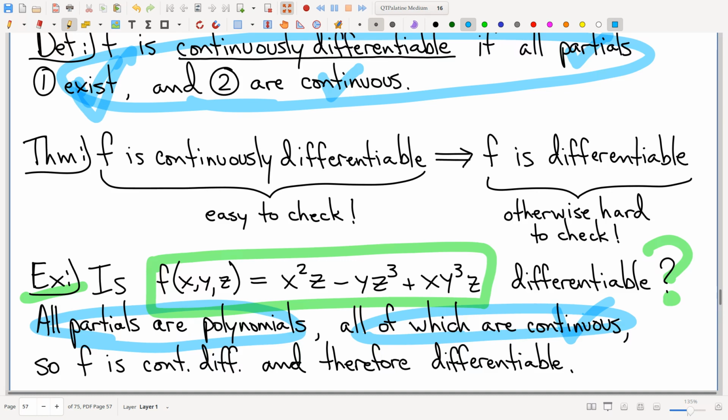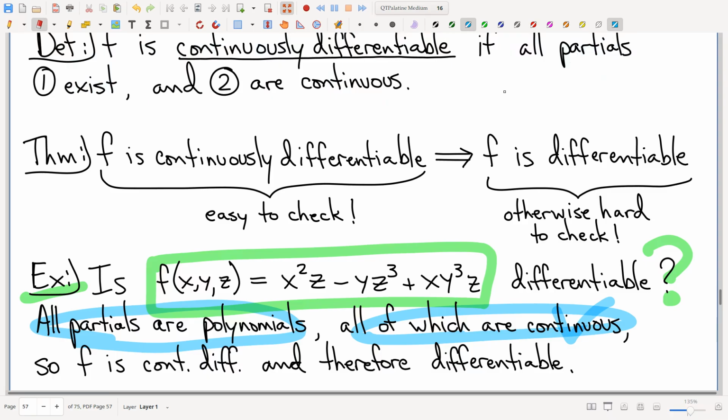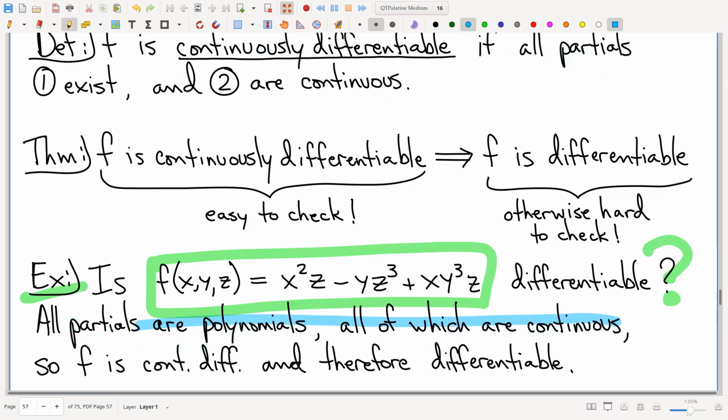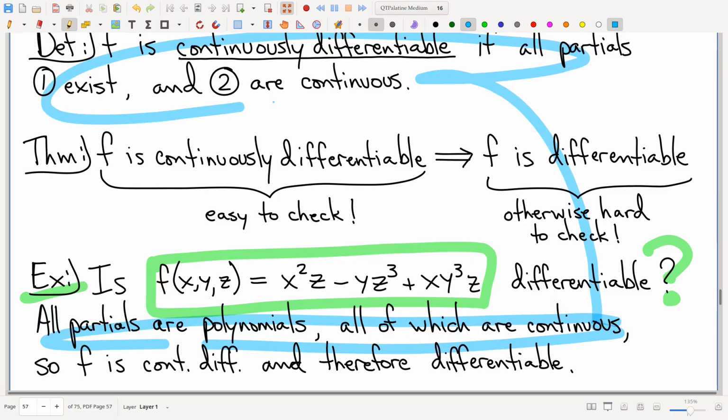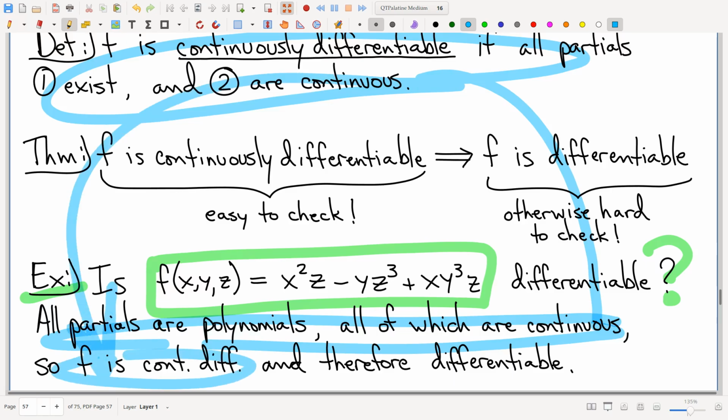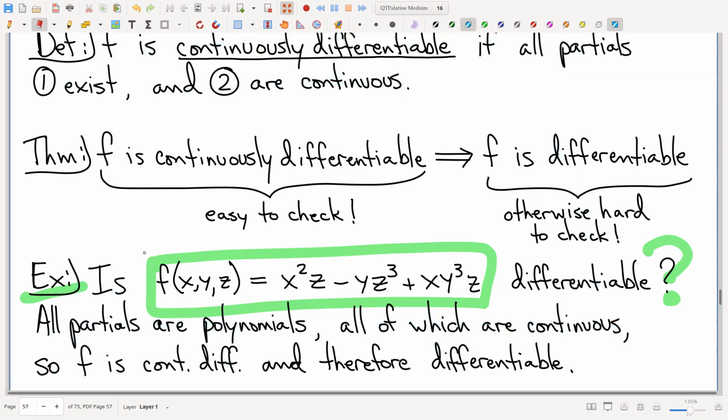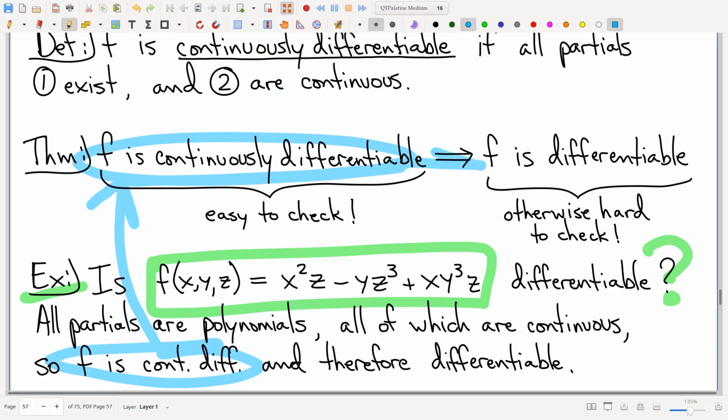Okay. Well, that immediately tells us then, based on this definition up here, this implies f is continuously differentiable. And once I know it's continuously differentiable, then it follows from that theorem that it's differentiable. Everybody good?